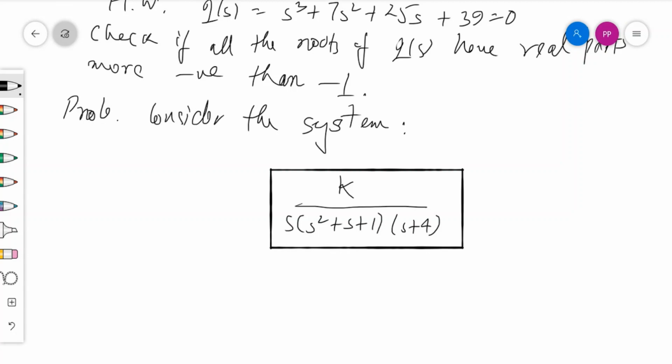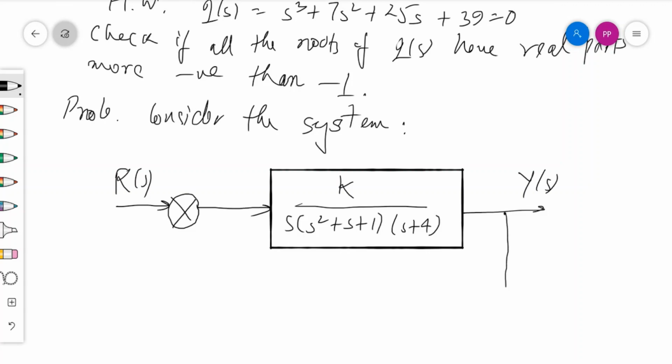Then we have an input to it and an output from it. The output is Y(s), and the input is compared, R(s) with a unity feedback signal of the output, like this. So this is plus, this is minus.